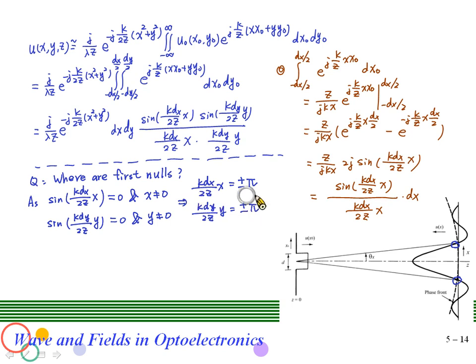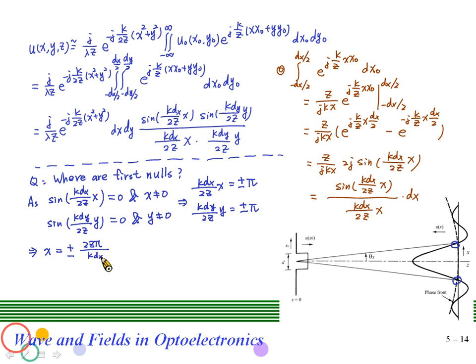So from these two conditions, we can find that the first nulls along the x direction will be x is positive or negative 2z pi over k times d sub x.